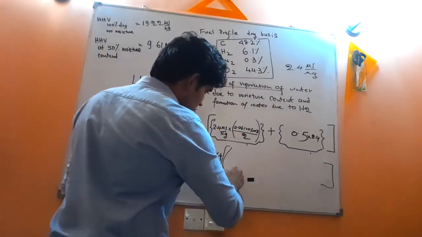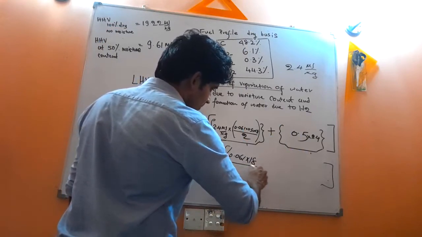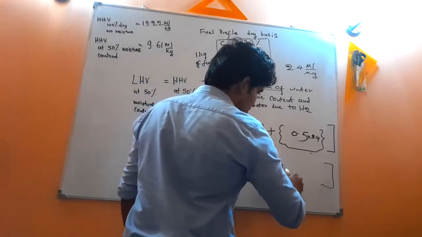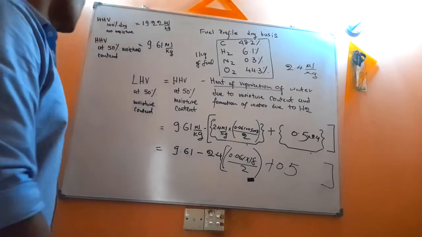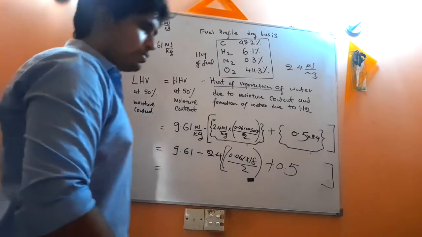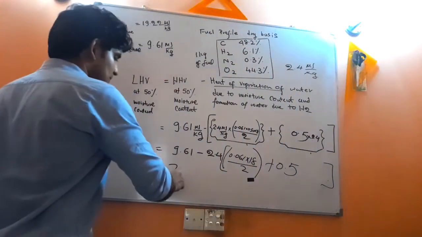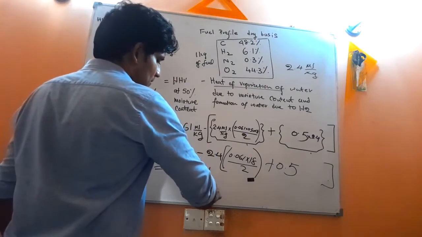So here 0.061 multiplied by 18 divided by 2, right, plus 0.5, right. So what is the answer you are getting here? 7.78 megajoules per kilogram. 7.78 megajoules per kilogram.